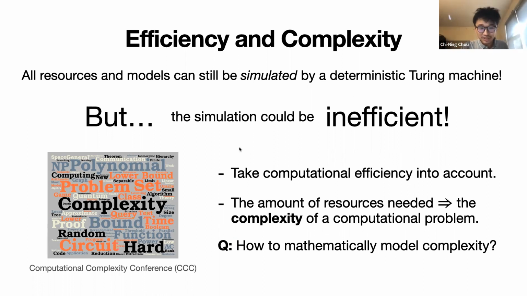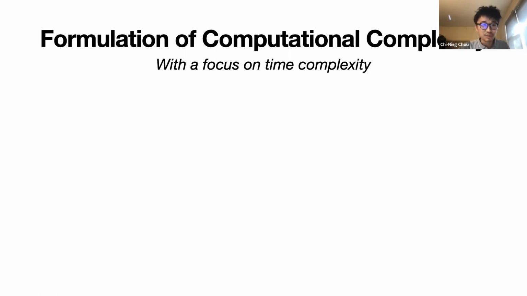But I talk so much about complexity and efficiency. What do I mathematically really mean? Now I want to give you a concrete formulation of computational complexity. Although we have so many different computational resources, here let me focus on time, which might be the most intuitive notion for people, and use an example to illustrate how we define it.